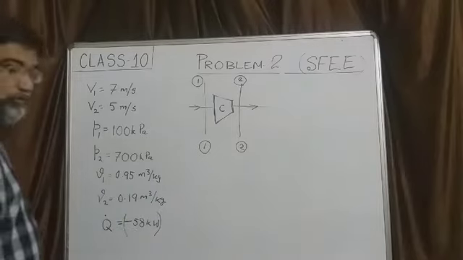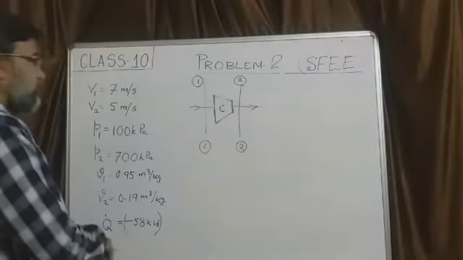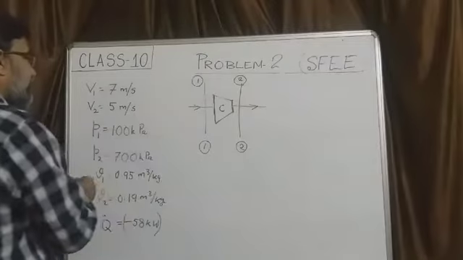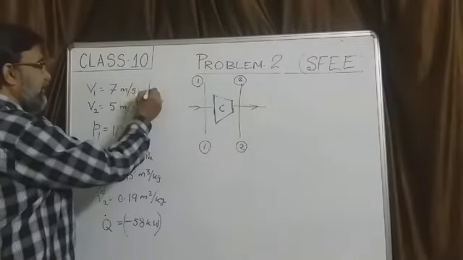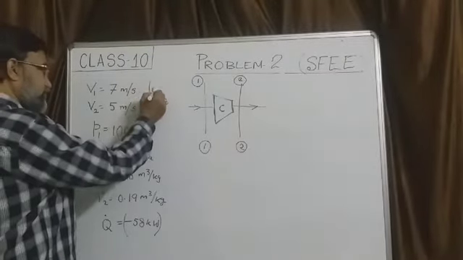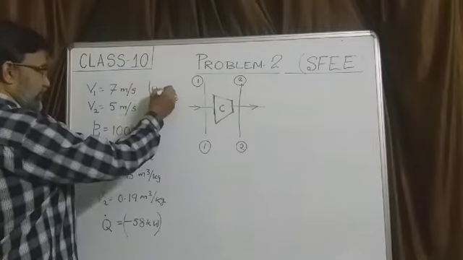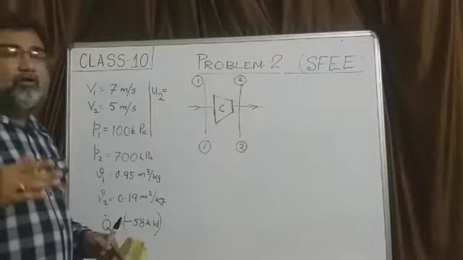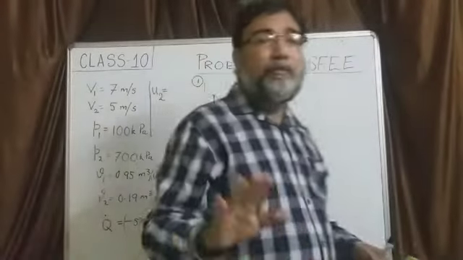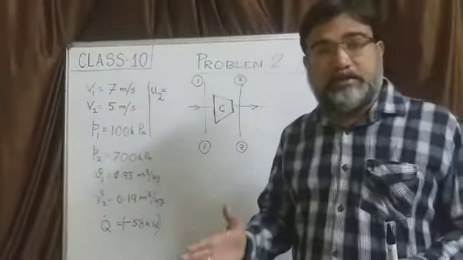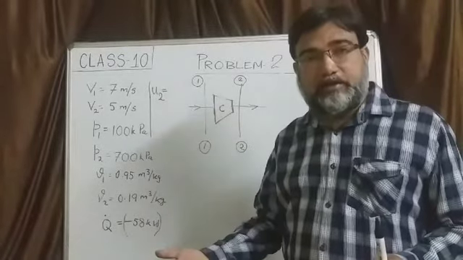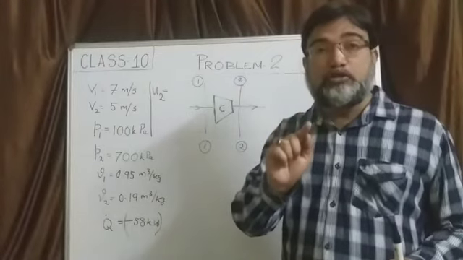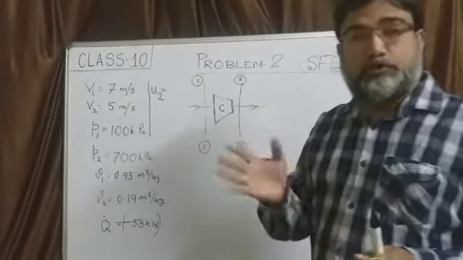What else is known to you? You are also given the information that the internal energy of the exit air, that is U2, is the internal energy of the inlet air plus 90. That means the exit internal energy is greater than the inlet internal energy by an amount 90 kilojoules per kg. So which one is bigger?